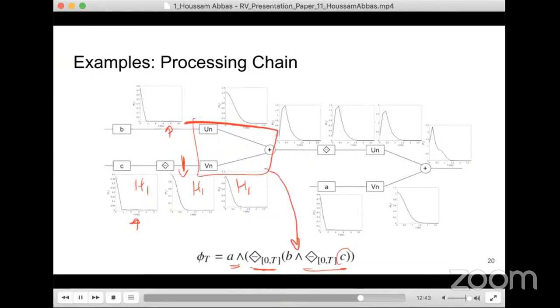So this here is the first order response of this subformula. Again, we take A. This is the response of A. This here, up to here, is the response of once this entire thing, and so on and so forth. So you just build it up pretty much in the way that you write it. And at the end, you get the first order frequency response of the entire formula.